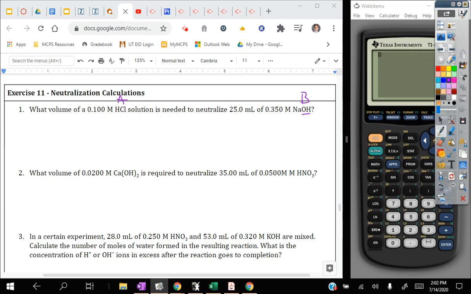Unless, of course, that base is ammonia, NH3, which is one we just have to memorize. That one is still a base, even though it does not have OH in the formula. So I'm given the molarity of acid, the volume of base, and the molarity of base. In this question, I have to solve for the volume of acid.